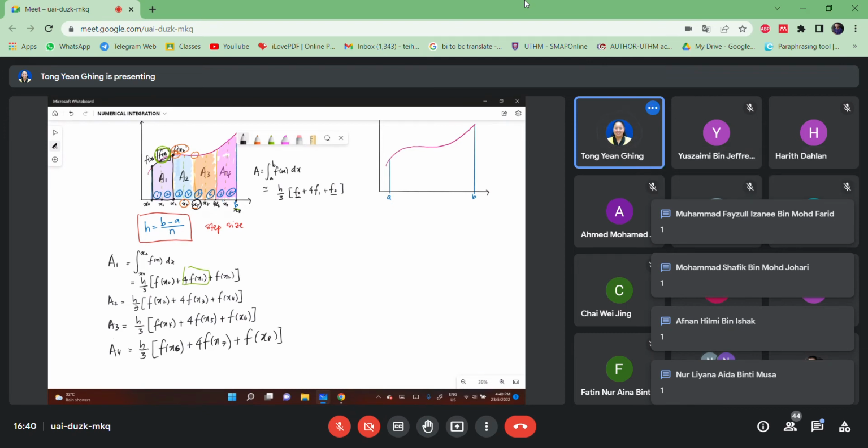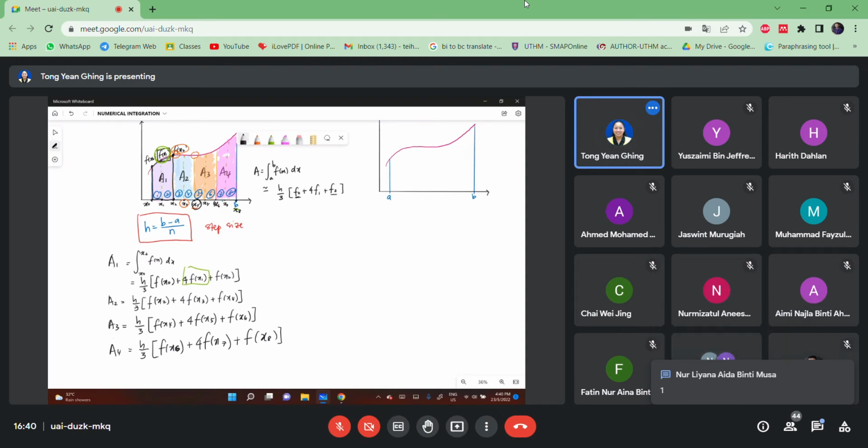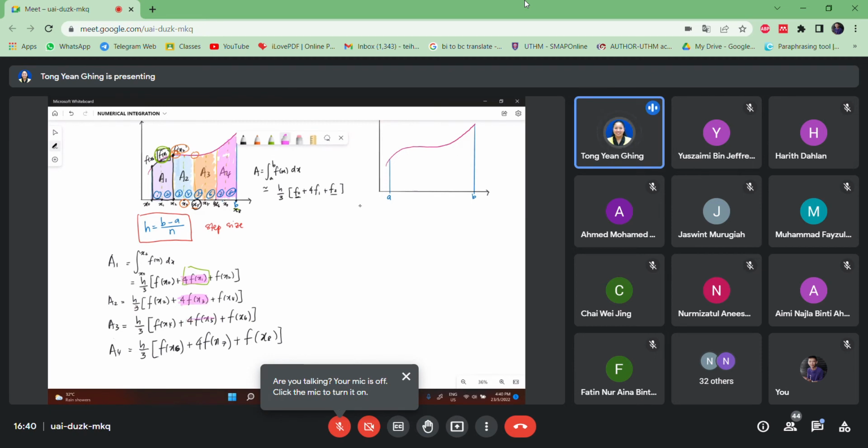Okay, now let's see. If you look at here, Ahmed, do you understand or not? If you look at here, the 4 times F X1, and then 4 times F X3, 4 times F X5, 4 times F X7. Actually, most of the odd numbers, 1, 3, 5, 7, we have to multiply by 4.